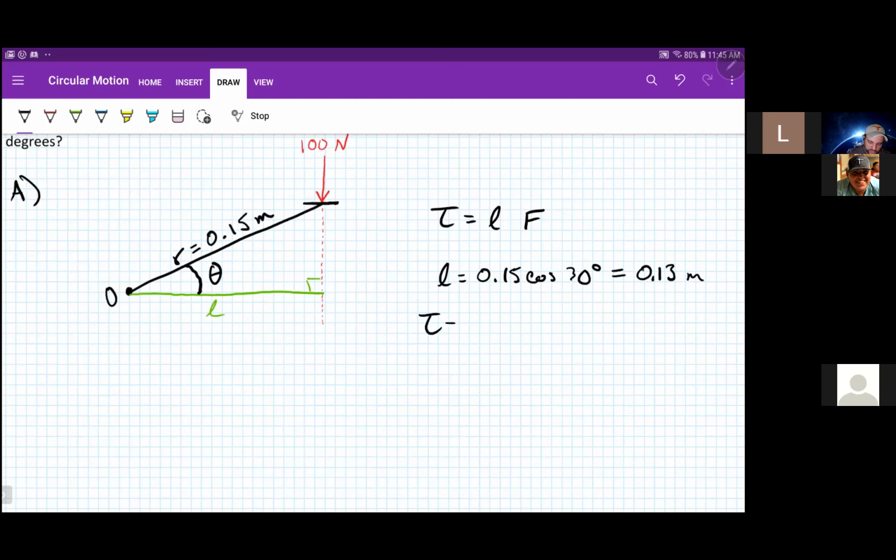So tau is going to equal 0.13 times the force of 100 newtons. So tau is just 13 Newton meters.